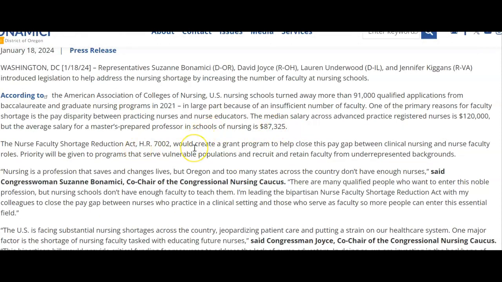So this is going to create a grant program to help universities close this pay gap between clinical nursing and nurse faculty roles. But of course, we'd have to be an organization that serves vulnerable populations and recruits faculty from underrepresented backgrounds. That's important, and it's a wonderful way to go forward.